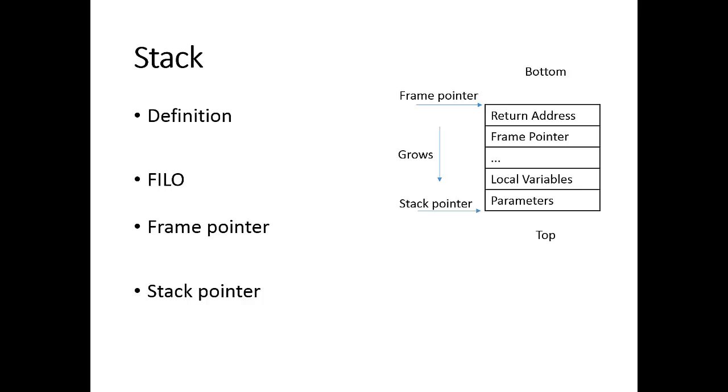So stack is defined as a scratch space for a thread of execution. What this means is that when you are running a program, sometimes you have to go out of your normal flow of execution because you have these things called functions. When you hit a function, you have to go to an entirely different area of your memory and then execute the code within that particular function.